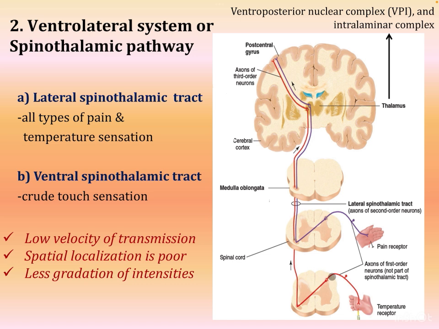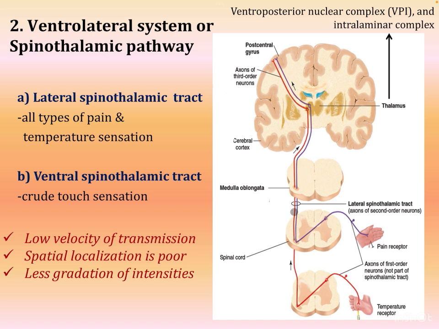Axons from these neurons cross the midline and ascend in ventrolateral quadrant of the spinal cord, where they form anterolateral spinothalamic pathway. Here in the diagram it is only shown with the lateral spinothalamic tract.